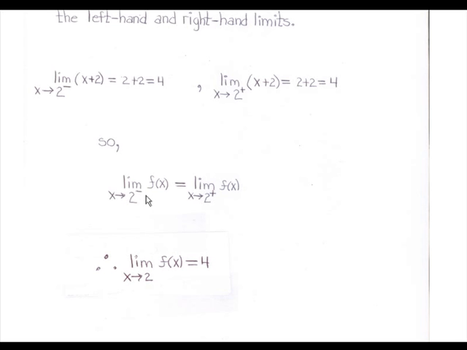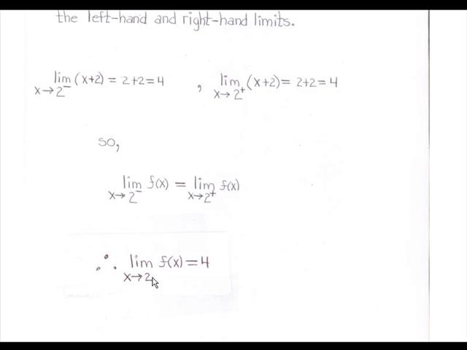Now, since we see that the limit of f of x as x approaches 2 from the left is equal to the limit of f of x as x approaches 2 from the right, we can now say that the limit of f of x as x approaches 2 is equal to 4, because both the left-hand and the right-hand limits are equal to 4. And please remember this: in order for a limit to exist at a point, it cannot have two different limits at the same time.